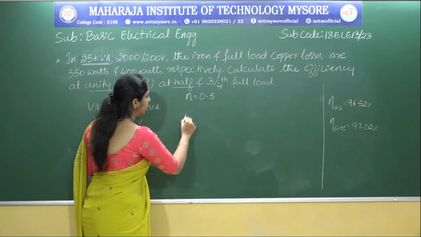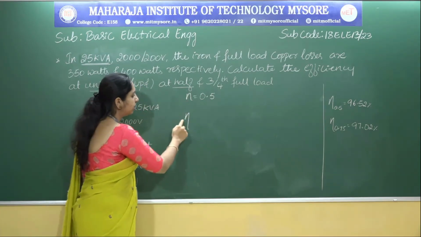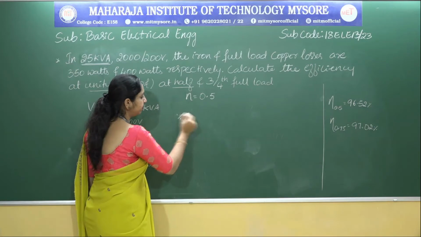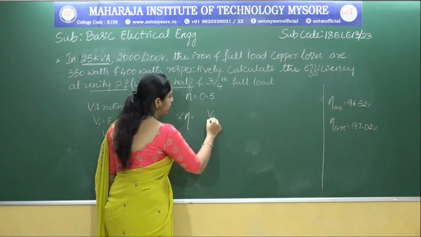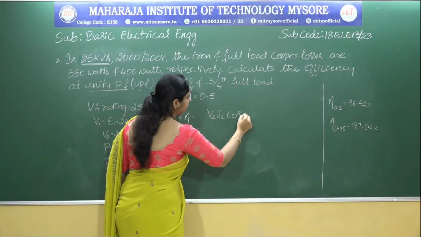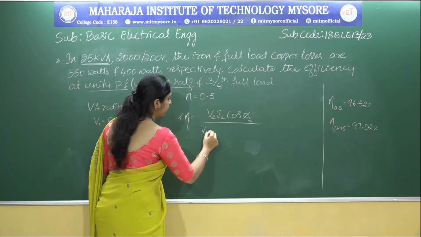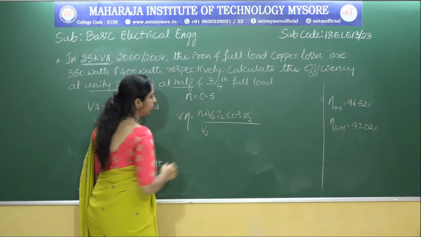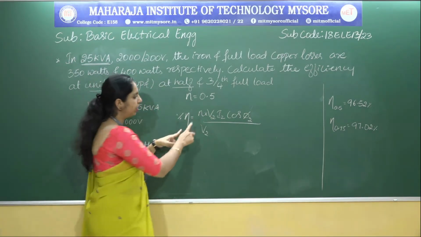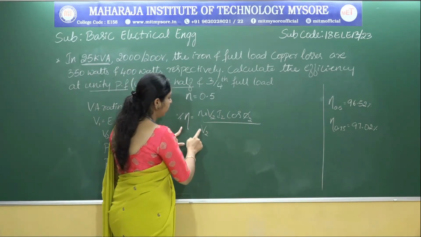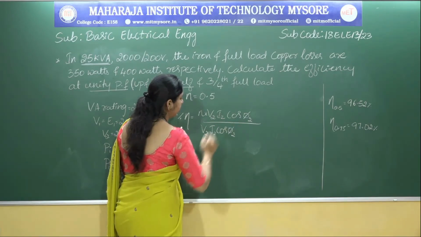And here, what is the efficiency equation? This is N and this is eta, so don't get confused with these two terms. This is eta in terms of percentage. As we know, the efficiency equation is N into V2 I2 cos phi 2, divided by N into V2 I2 cos phi 2 plus Pi plus N square into PCU full load.